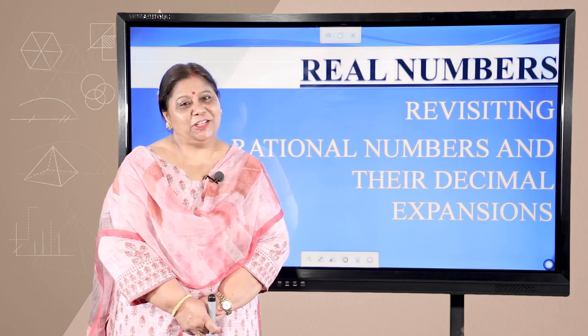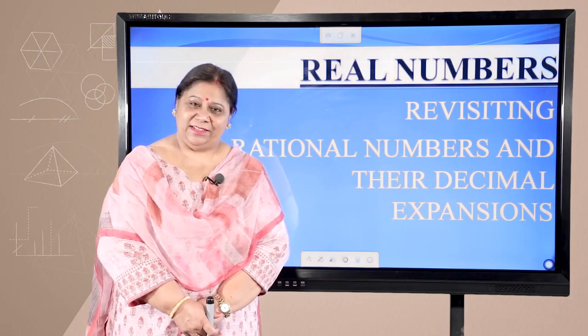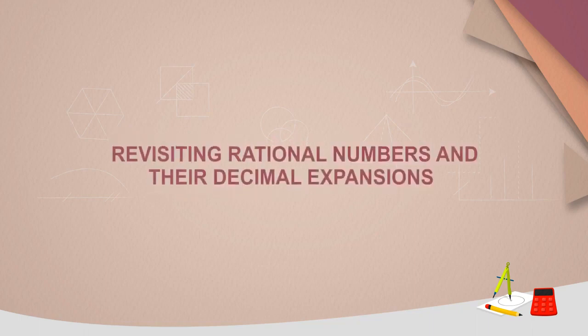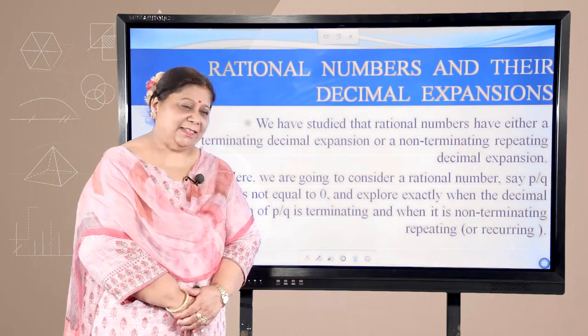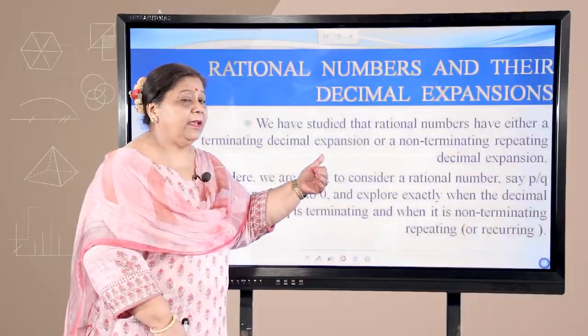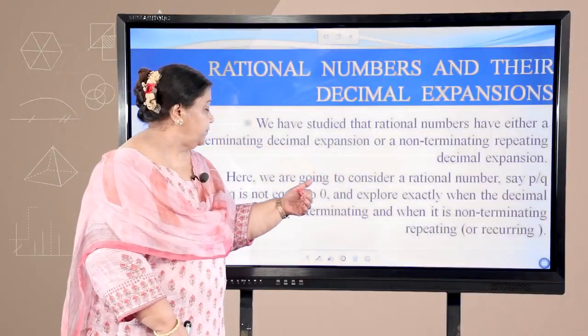Students, let us continue with the chapter Real Numbers. In this episode, we shall learn about rational numbers and their decimal expansions. So students, we have already studied that rational numbers have either a terminating decimal expansion or a non-terminating repeating decimal expansion.